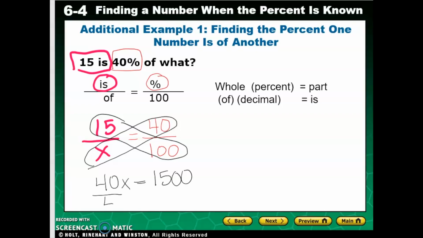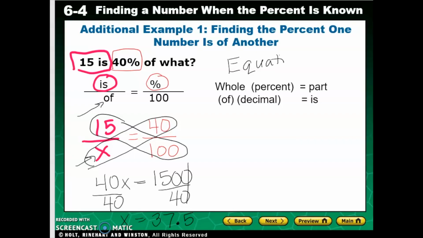Next, we would divide by 40, and we get x equals, we can cross off one of the zeros, and 150 divided by 40 is 150 divided by 4 is 37.5. Now notice this time our variable is in place of the word of, so this is not a percent. This is just 37.5.